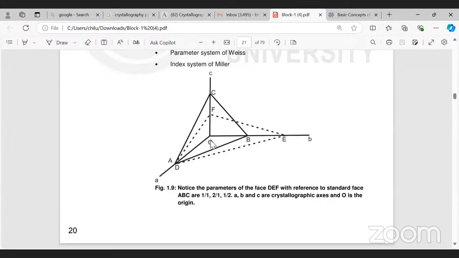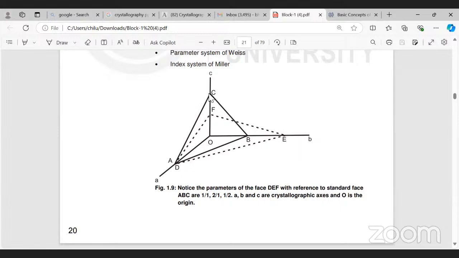From this one we see the origin of the axes, small a, small b, and small c. These small letters indicate the axes. So the crystallographic axes are generated and travel through the solid angle.